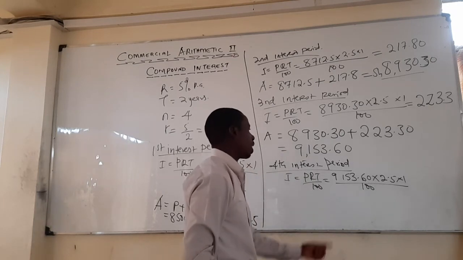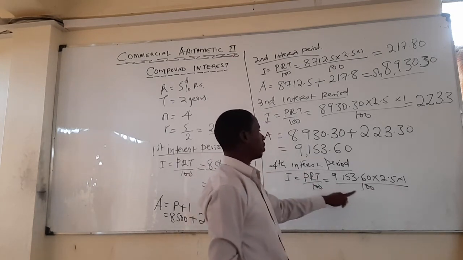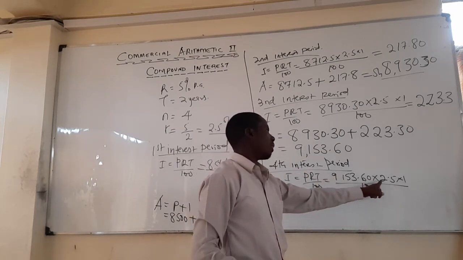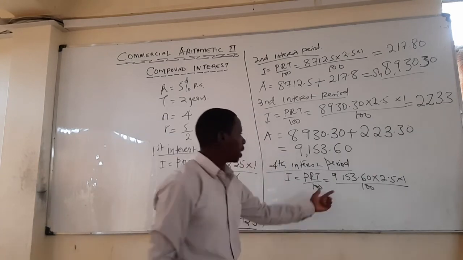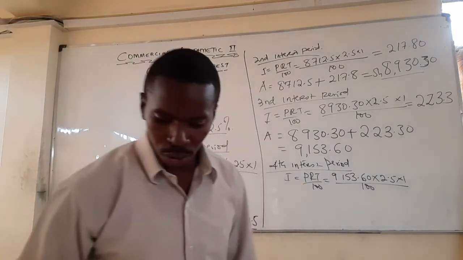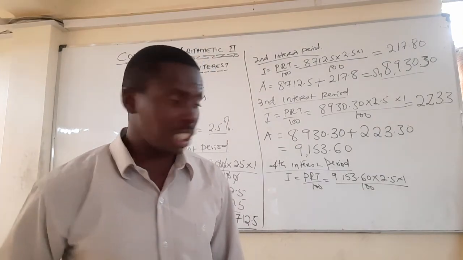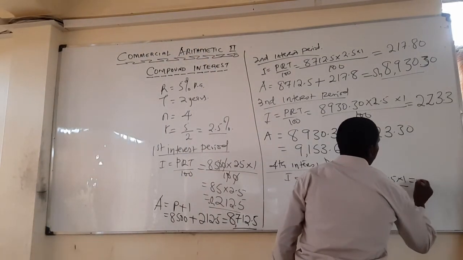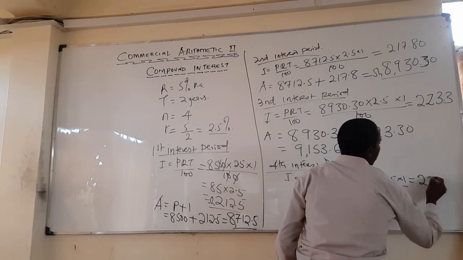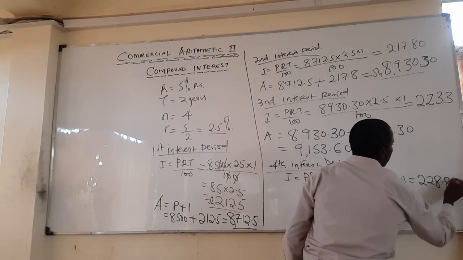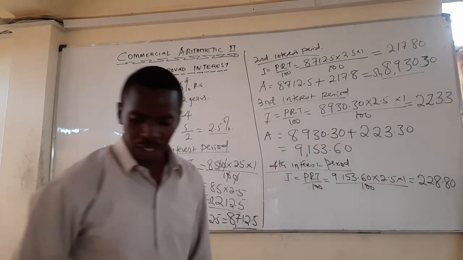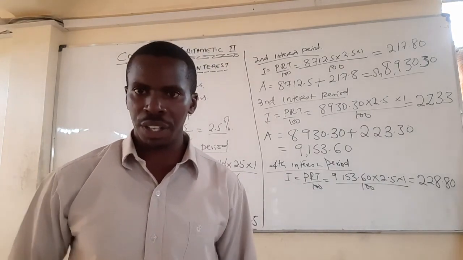We have said time is usually 1 because it's per period, and our rate was 2.5. So when we multiply, we are going to have 228.80. That is the interest on the fourth period.